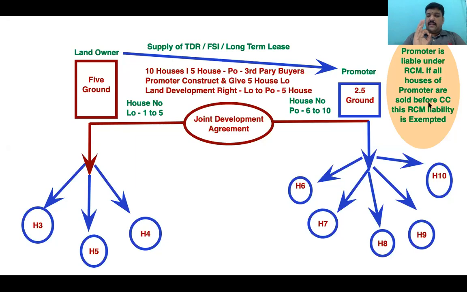That is the full level of discussion, but all that we will do at a different level just for your understanding purposes. Everything would start from here. Transfer of development right or FSI by the landowner to the promoter. No doubt RCM is applicable in case of commercial property.